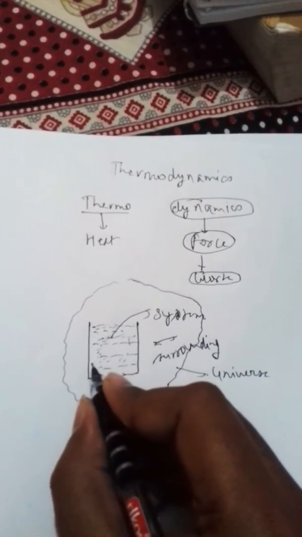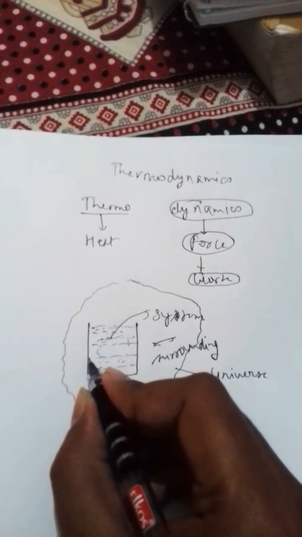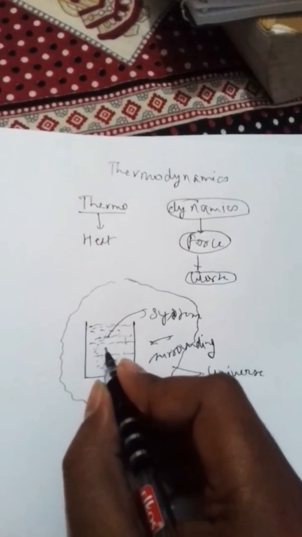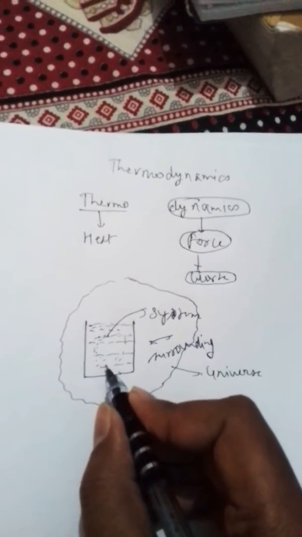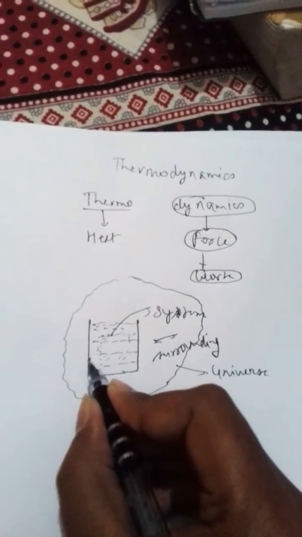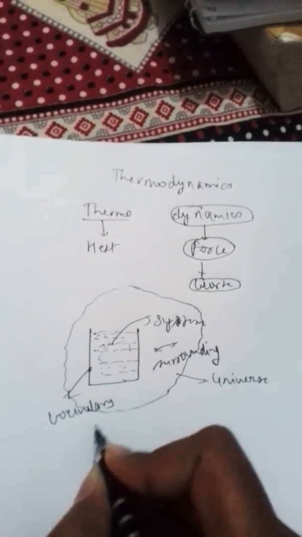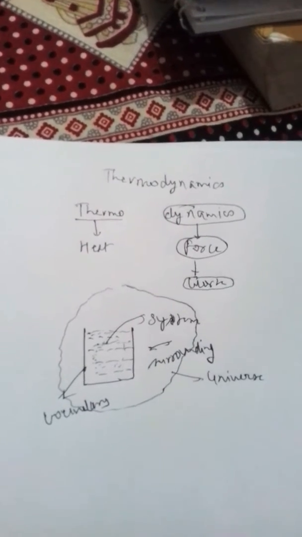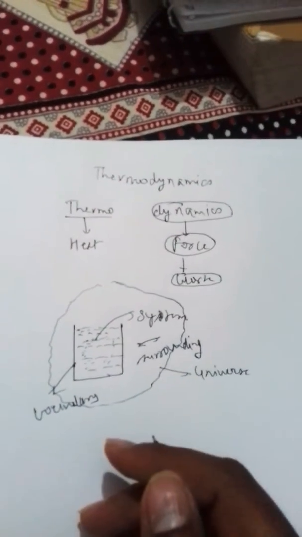Now the system and surrounding are separated by a layer, imaginary or practical, of zero thickness ideally, called boundary. Boundary is that portion of zero thickness ideally that separates the system from surrounding.